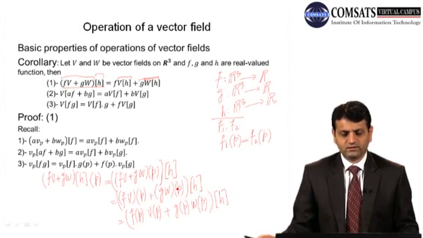Now using the properties that we just proved in another theorem today, (a vp plus b wp) of f is equal to a vp of f plus b wp of f.